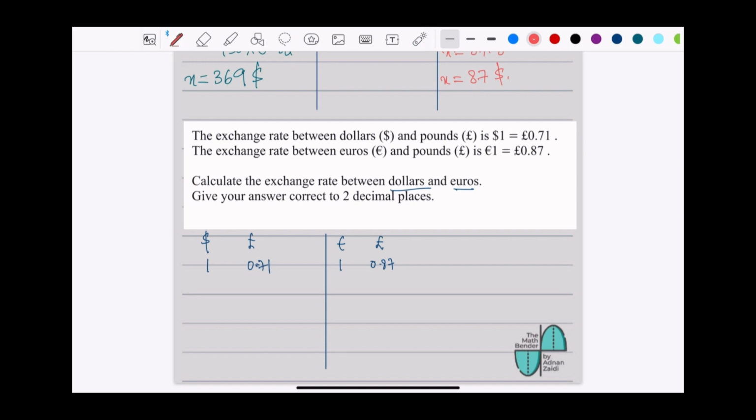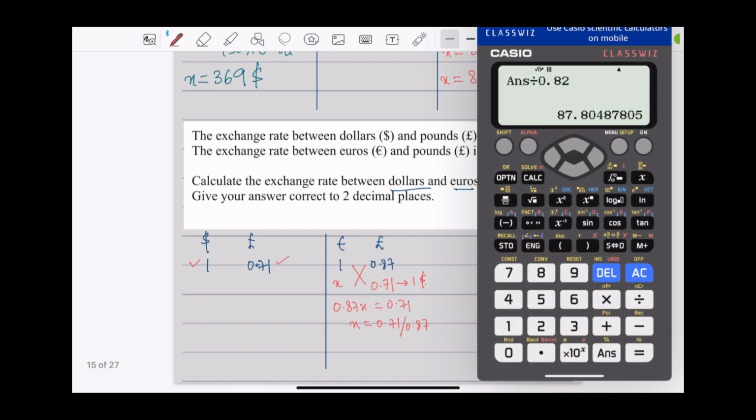So converting both of them, since we know that $1 is 0.71 pounds, I write 0.71 pounds, which is equivalent to $1. And this is equivalent to x euros. So if I take out this, 0.87x is equal to 0.71, and x is equal to 0.71 over 0.87.